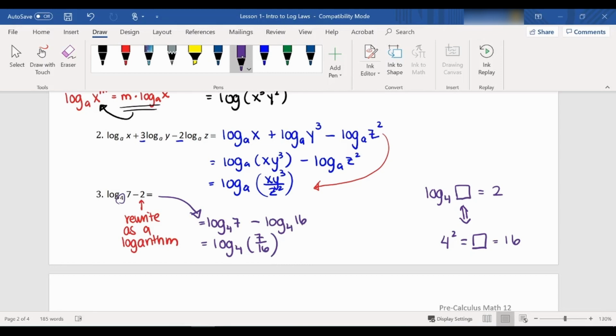Okay, so being able to put all these separate logarithms back together into one is a good way to simplify things. We can also use these log laws to expand things back out. So we're going to try some of those next.